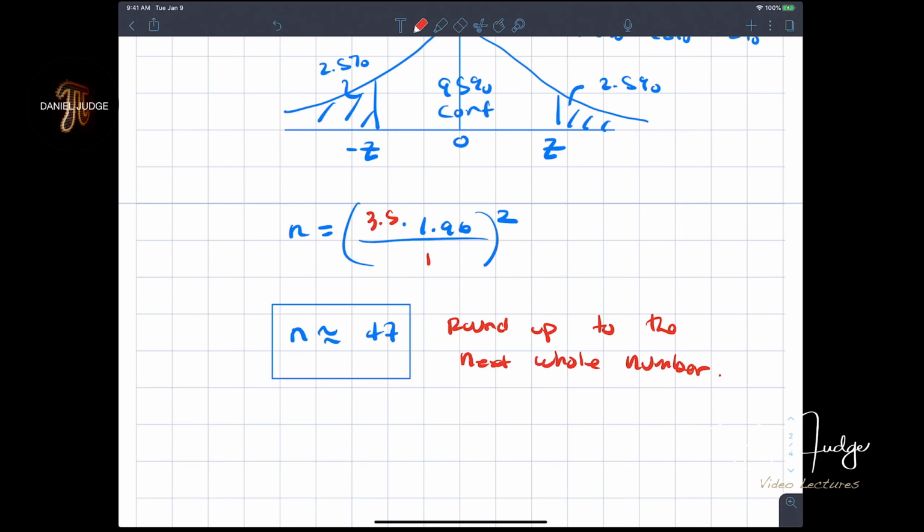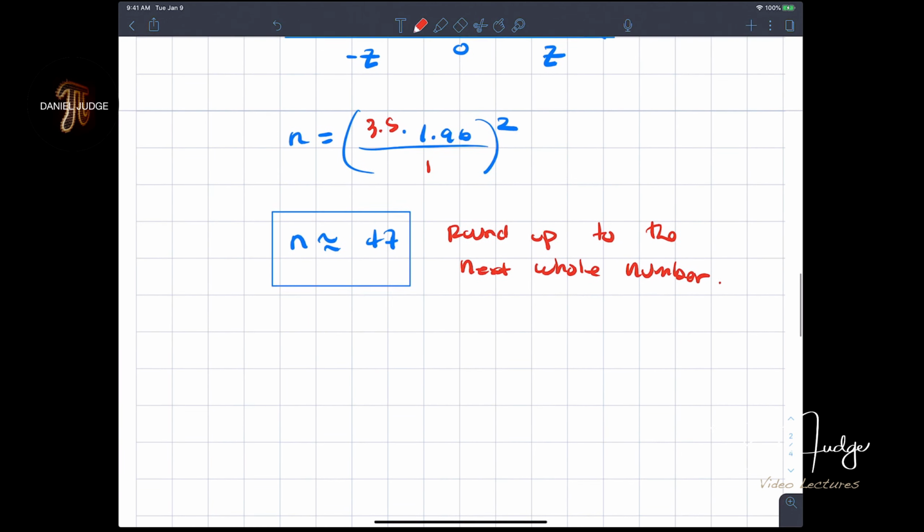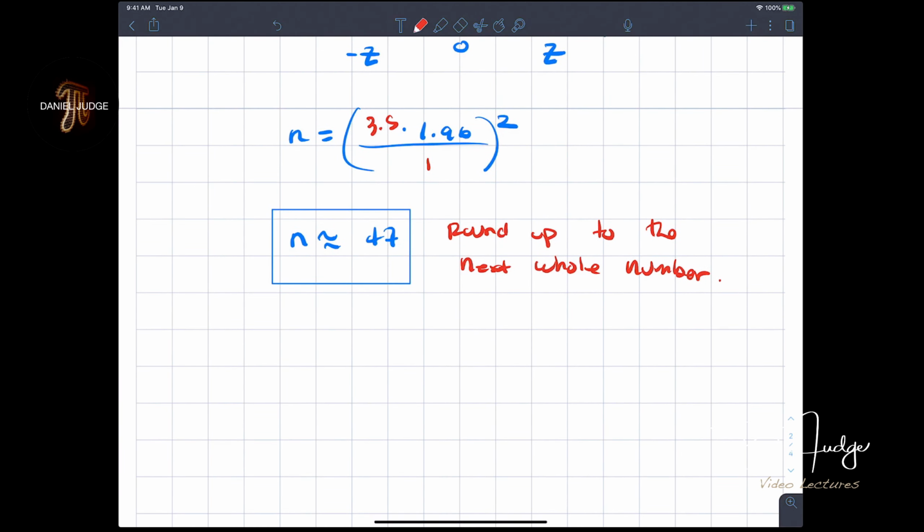And now you'd go out and take your sample, gather 47, and sometimes the book will write this as saying take n to be at least 47. That's a sample size that's at least that. So this is what we call the minimum sample size needed.